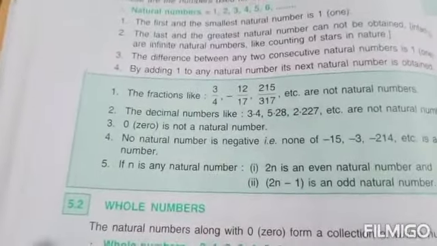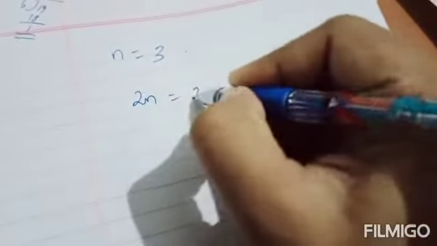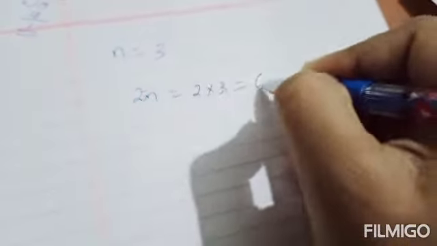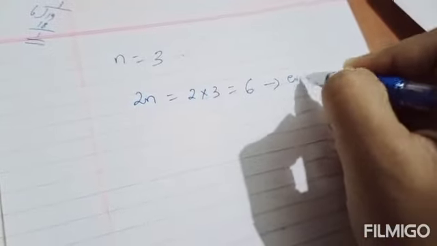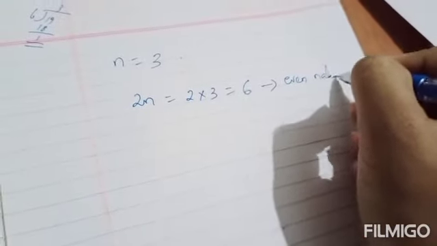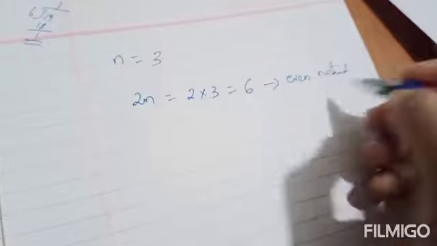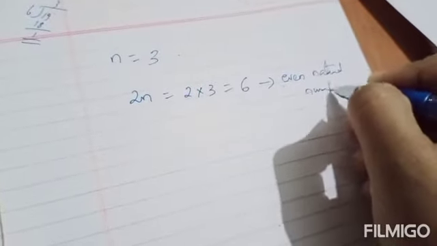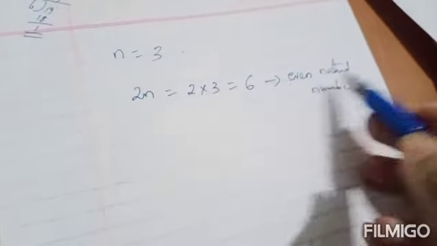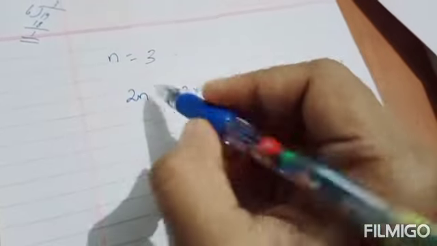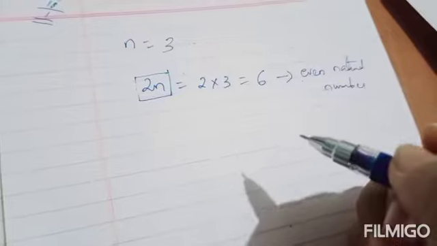You can take an example, let n equal 3. So 2n means 2 into 3, you will get 6. 6 is an even natural number. It is an even number, and it is also a natural number. So 2n is the general form of an even natural number.